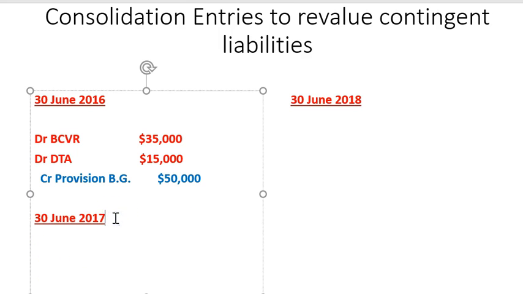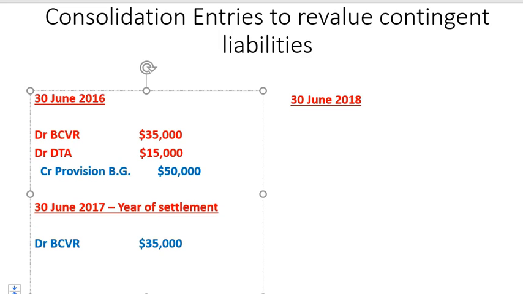So in 30 June 2017, this is the year of settlement, as you could call it, for the guarantee. So we know that from the question, the guarantee was settled for $60,000. So we always start off with just our BCVR. It's always going to be the same, effectively. So the reduction in equity is always going to be $35,000.